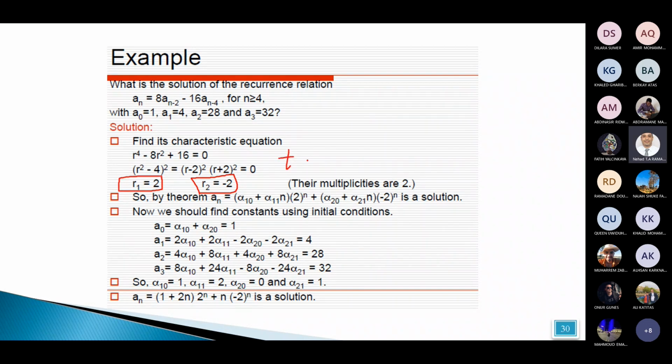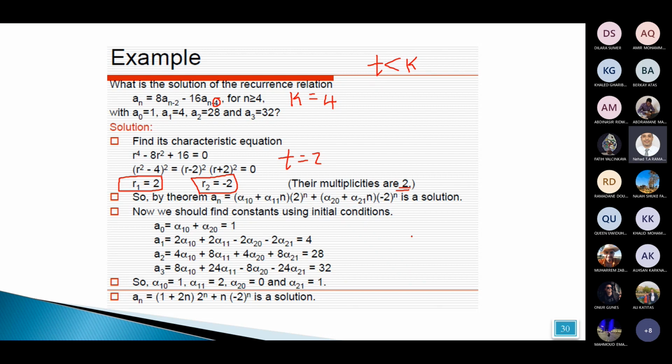So t equals 2. But look here at the equation, it's minus 4. So k equals 4. Still we have t less than k. Each solution, R1 and R2, has multiplicity 2.